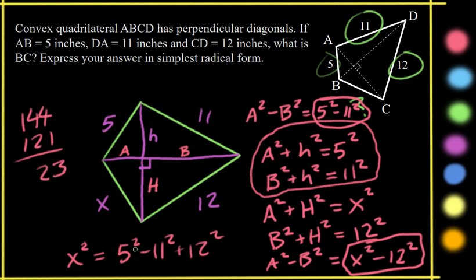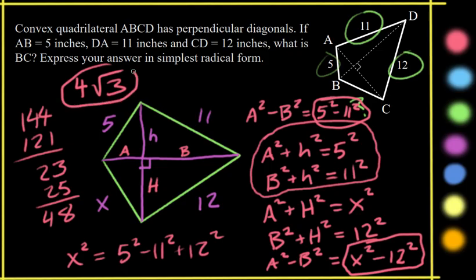And then you've got 25 here. So 25 and 23 gives you 48. So x is going to be the square root of 48. We can pull out 4 from that, which gives 4 times the square root of 3. So that is our final answer on problem 21.